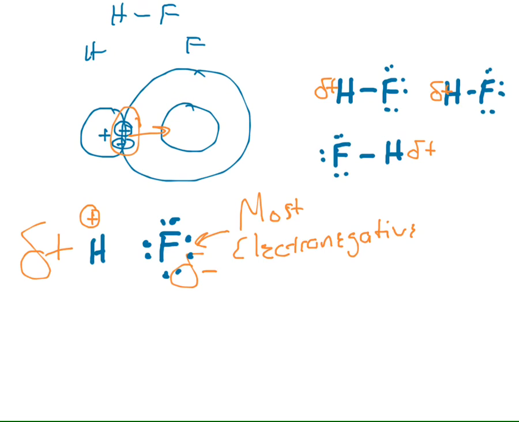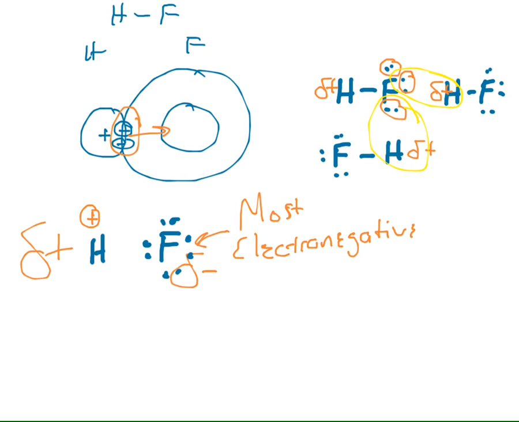Electrons are negative. So fluorine's got a bunch of big, juicy negative charges out here. So I can make a super great attraction between the positive on the hydrogen and the negative on those lone pairs. I could do this all day long, right? So that makes an even stronger type of force, because now I've got the really positive hydrogen and the really negative lone pairs.